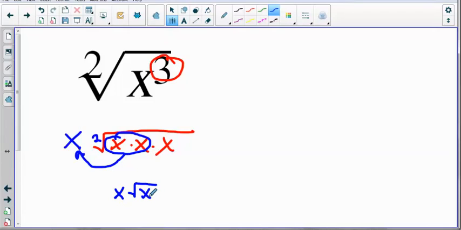To make this make a little bit more sense, because remember, if it works with a variable, it has to work with any numbers, let's try a number example of this to get it concrete in our head. I happen to know that x to the third power is 2 to the third power.